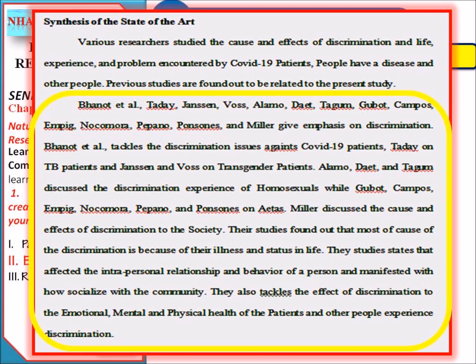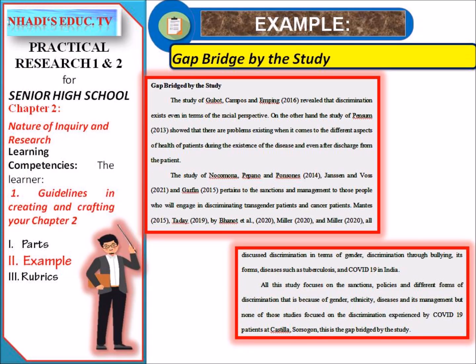Furthermore, some of the literatures discussed are focused on the cause and effect of discrimination, which they explain in the next statement. Moving on to the next example for the gap bridged by the study.